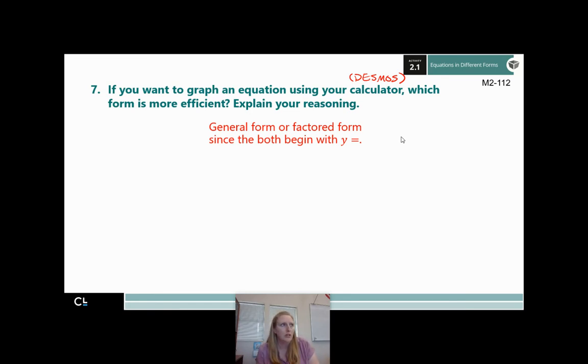Standard form doesn't do y equals, so it's a pain. So generally, when using a graphing calculator, it's better to use general form or factored form. Wow, I feel like standard form just isn't winning any of our competitions here. Poor standard form. We should still give it some love, though.